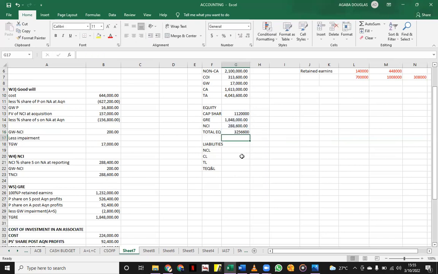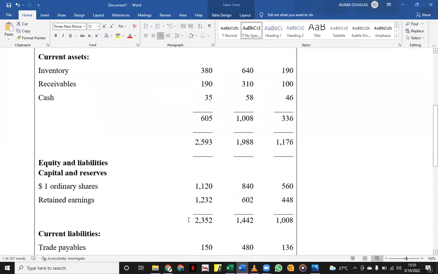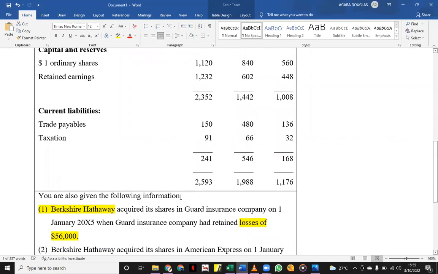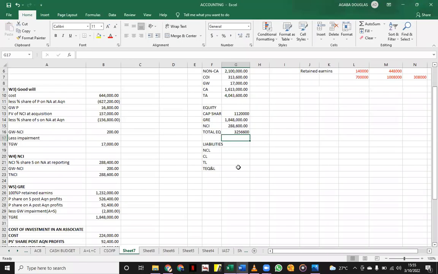Okay, so we'll come to our liabilities. We're still going to take up everything the same like we did for the assets. So 150,000 plus 480,000 plus 91,000, then plus 66,000. And then we'll have our total value for the liabilities.